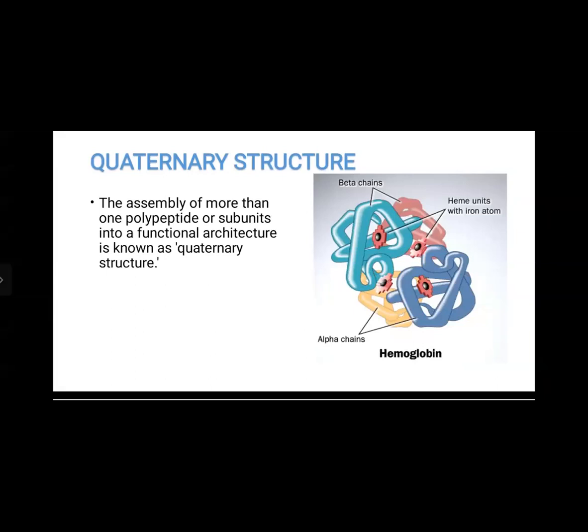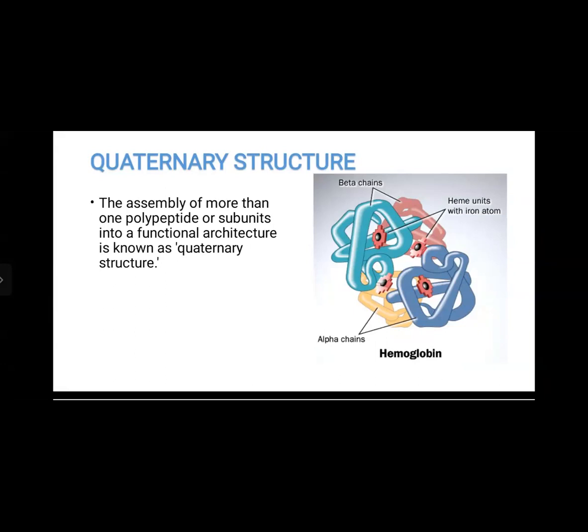If two or more proteins combine to form a function, here as we are saying, alpha and beta sheet, two chains of hemoglobin. Here you can see four chains in four different colors, and each chain is bound to an iron atom. So this is the structure of hemoglobin. It will carry oxygen and carbon dioxide.